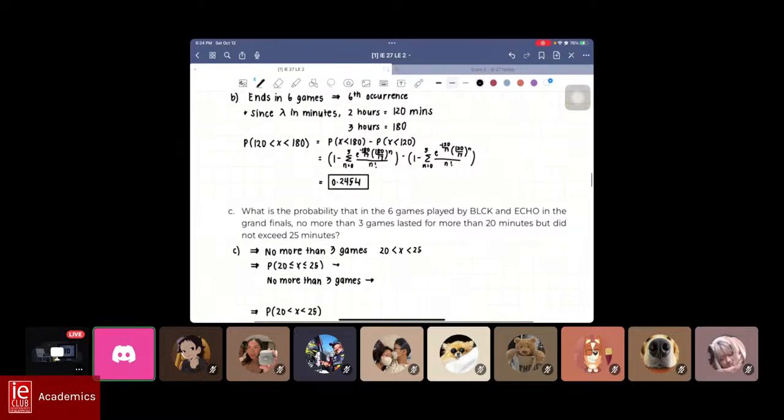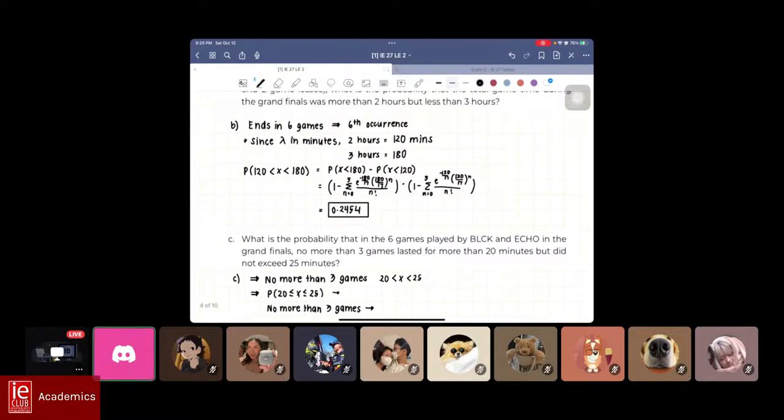Okay, and then for number 3 naman, it says what's the probability that in the 6 games played by BLCK and Echo in the grand finals, no more than 3 games lasted for more than 20 minutes but did not exceed 25 minutes. So, if you break down the problem, we can get the probability muna that the game lasted more than 20 minutes but did not exceed 25 minutes.